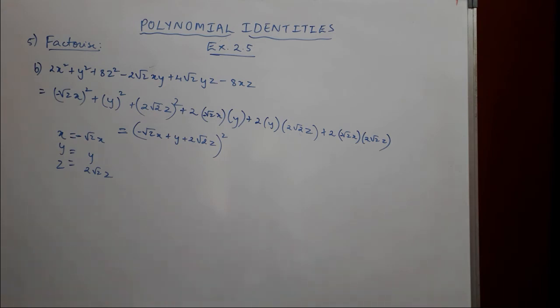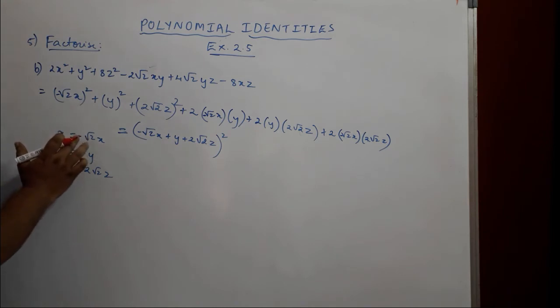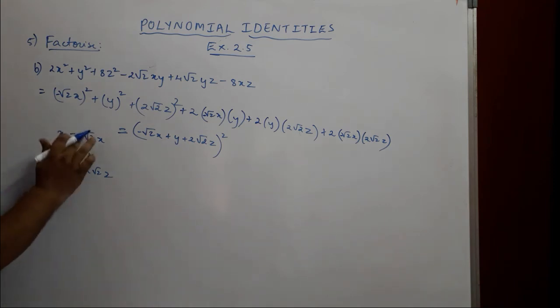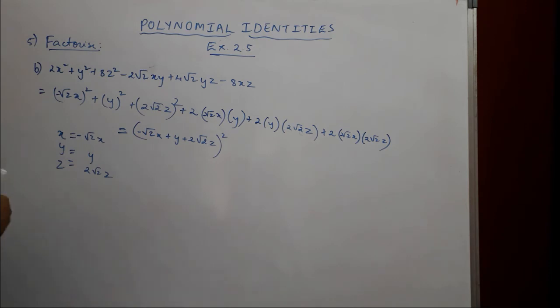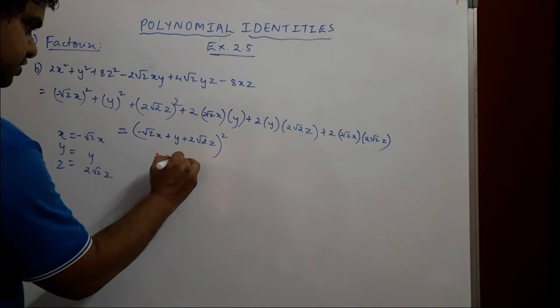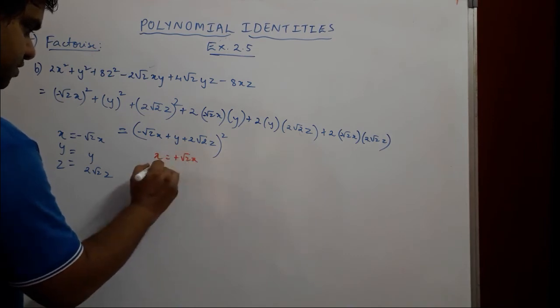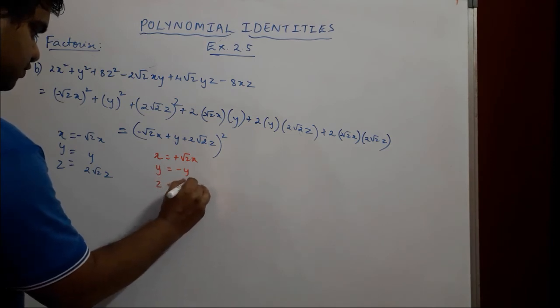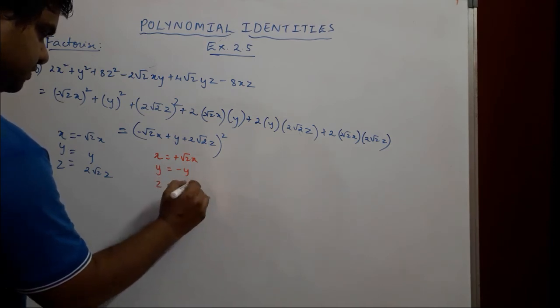Now alternatively, like how we have done previously, another possibility is also possible for this. I'll leave this the way it is. I will take another possibility where x is equal to positive root 2x, y is equal to negative y, and z is equal to negative 2 root 2 z.